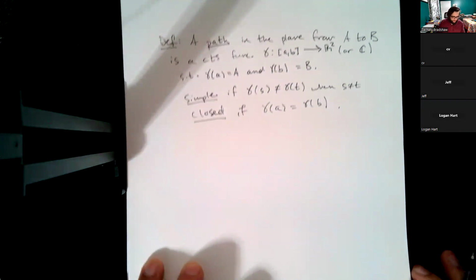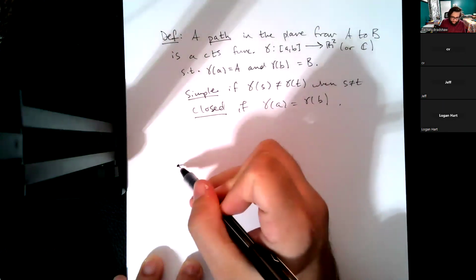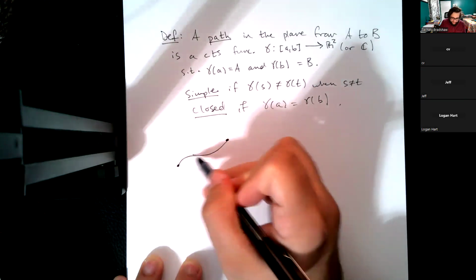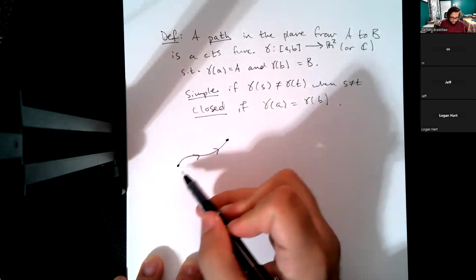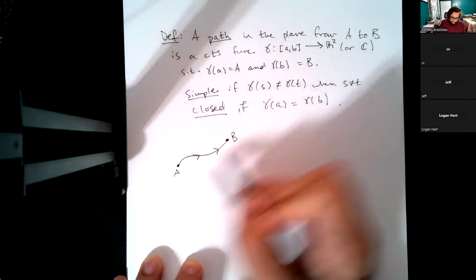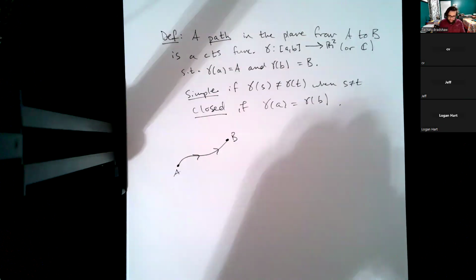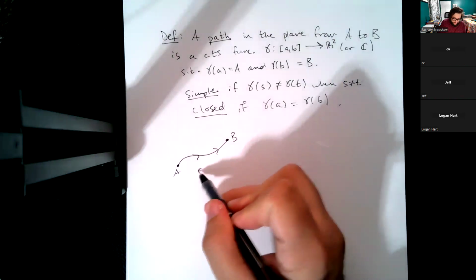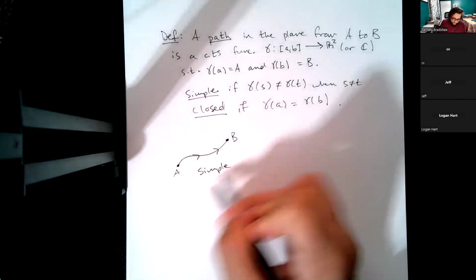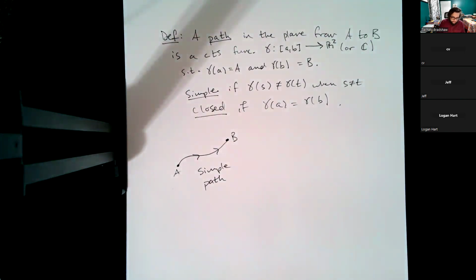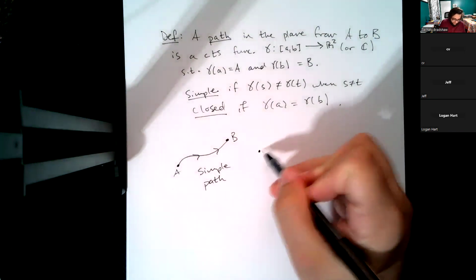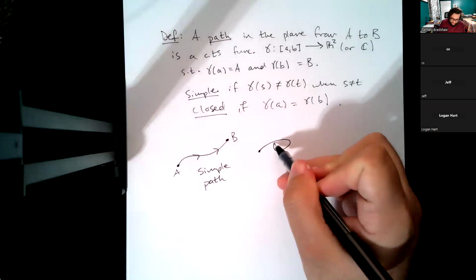So just pictorially, what do we have? Something like this. The arrow is indicating the direction of the path. So it starts at A, ends at B. This one is a simple path. It's injective. It doesn't cross over itself. We could have something like this.